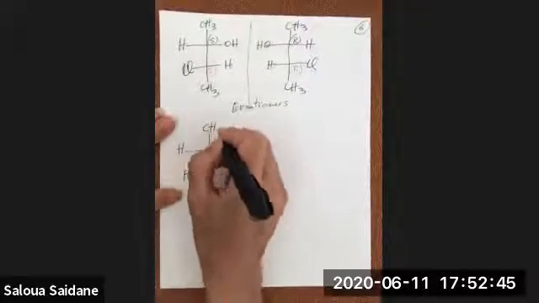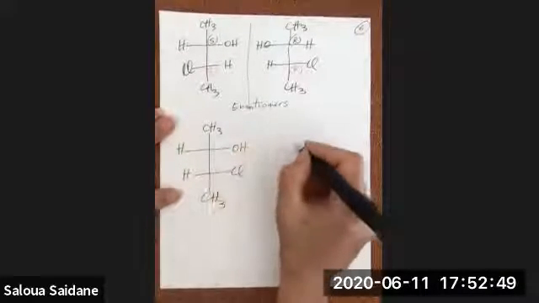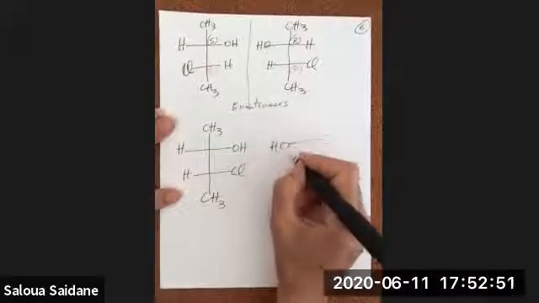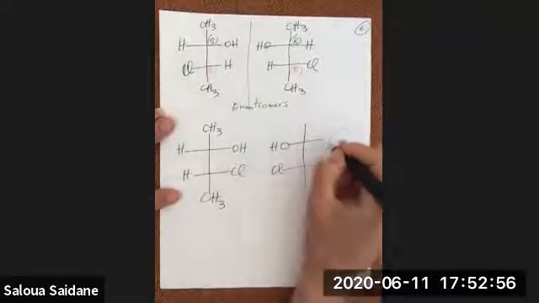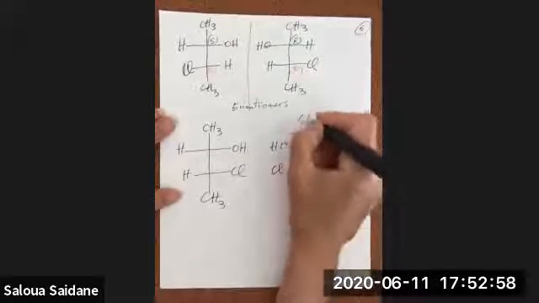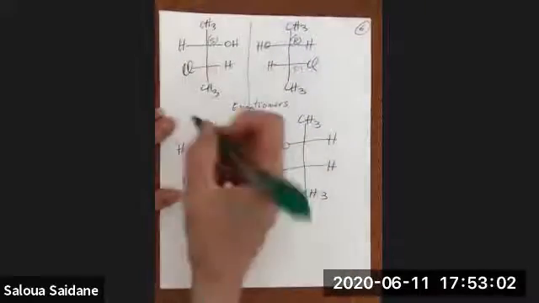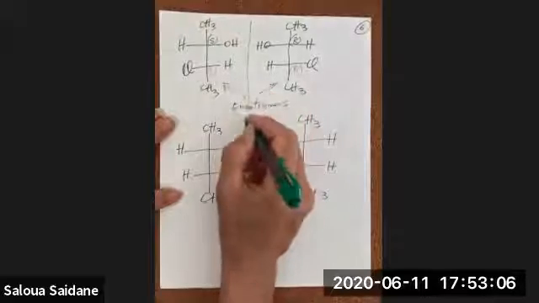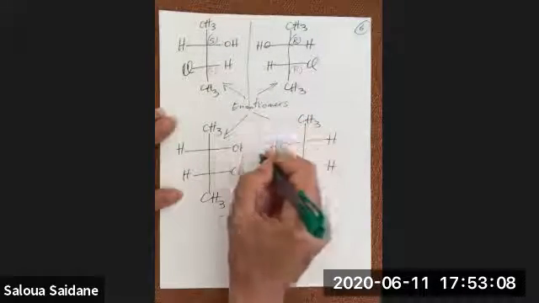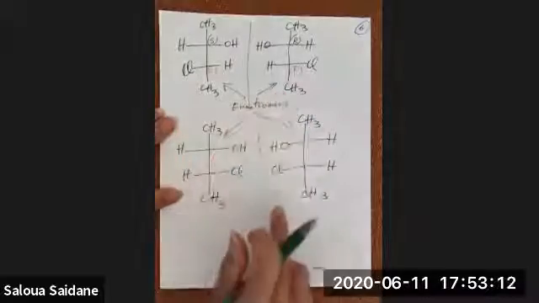So now the 2 H's are on the same side, and the OH and Cl are also on the same side. So you can see that these two are enantiomers, and these two are also enantiomers. So you have two sets of enantiomers.